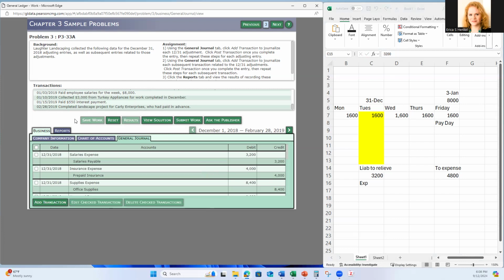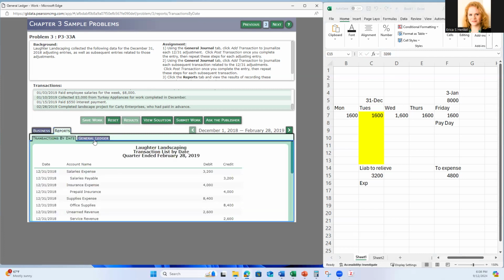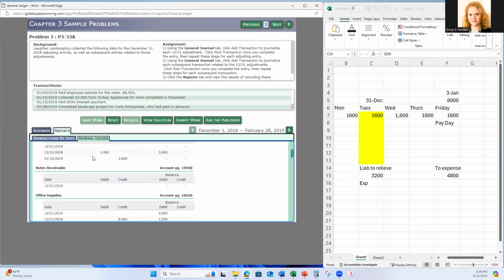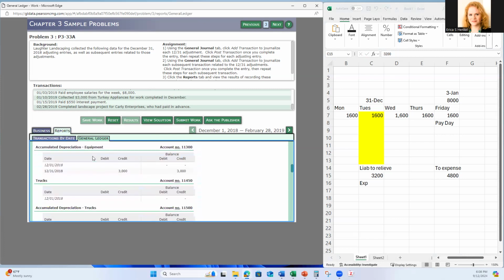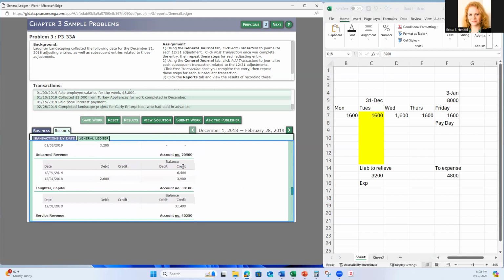And then for our last entry here, completed landscaping project for Carly Enterprises who had paid in advance. Okay, so if I go out here, by the way, and go to general ledger, we had that unearned revenue, right? So they originally paid us $6,500. In December, we completed 2,600 of that. So then we had 3,900 left, right?